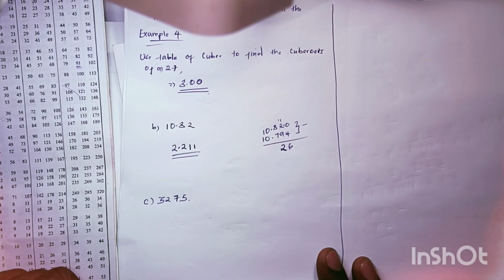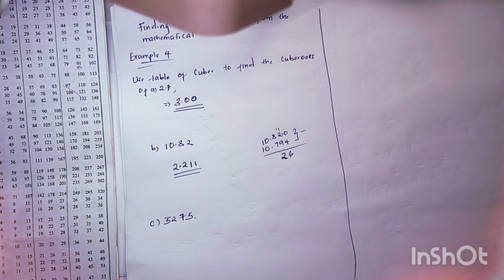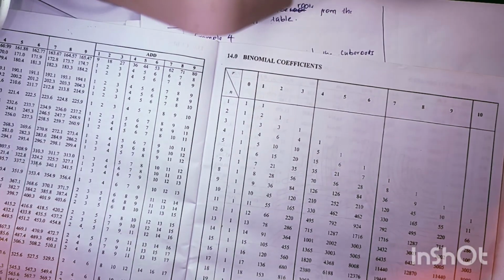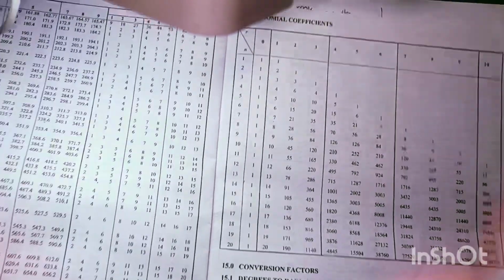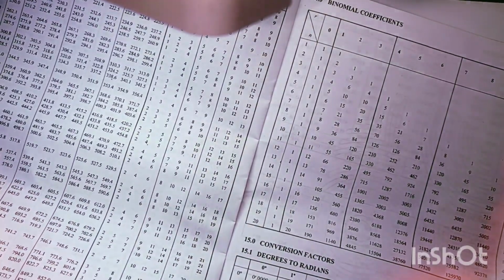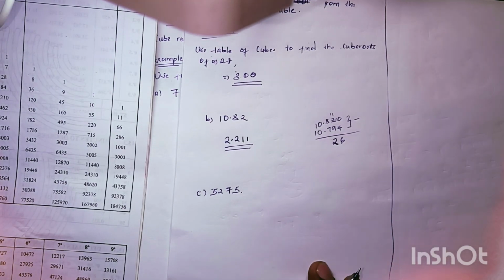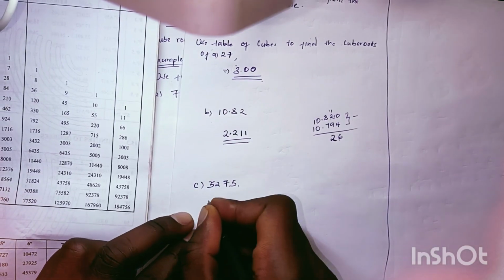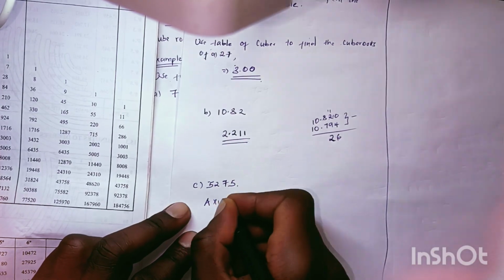What about 5,275? I have to find it in the table. But you notice that when you come to this table, the highest value here is 997. You hope you can be able to see 997 down here. Since it is not possible to get that one, I'll have to write in standard form, and the standard form that I'm writing should be in the form of a times 10 raised to power n.